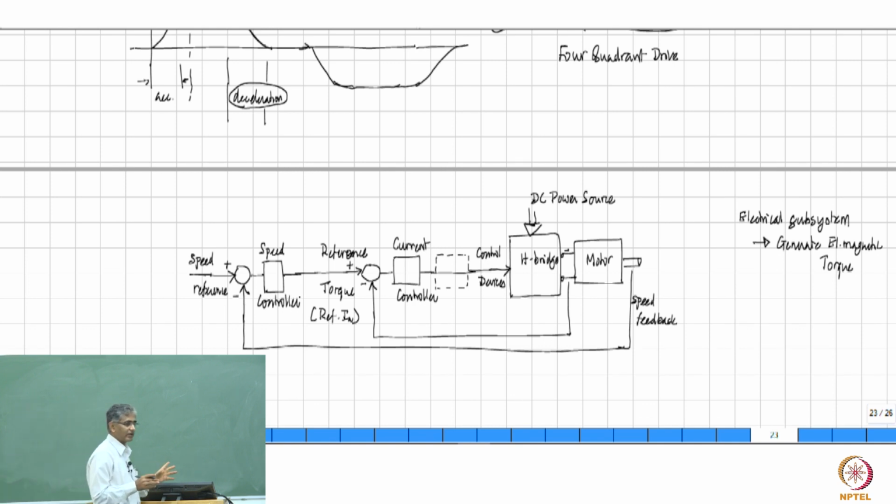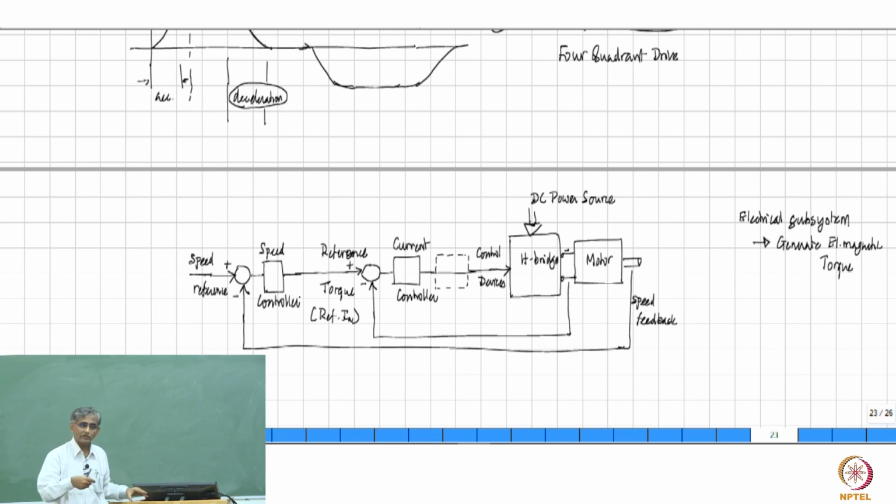There are many applications where speed is the reference value that is given by you directly, especially in applications where you want something to move along a horizontal axis or so, you will say move with this speed, right? But there are also many applications where you cannot determine the speed. For example, if you are going to have a robotic arm, that is a very nice example to say that lift this object from here and place it there, you will not be giving the reference in terms of speed, because you would like this object to move in a particular manner, specified locations with respect to time, and then place it exactly there.